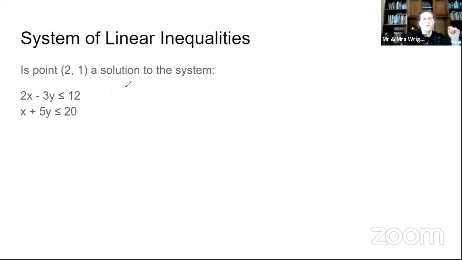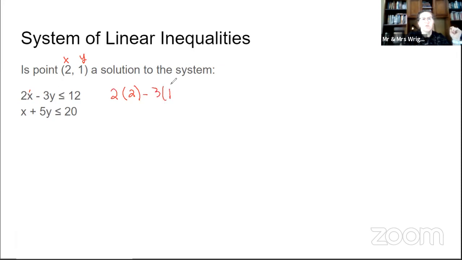Okay, so let's go ahead and plug these in. I'm going to have 2 times 2, because this is the X, remember, and this is the Y. So anytime I see an X, I'm going to plug in the 2. 2 times 2 minus 3 times what the Y value is, which is 1 in this case, is less than or equal to 12. Now we're going to plug this into our calculator. I'm going to do 2, open parentheses, 2, close parentheses, minus 3, open parentheses, 1, close parentheses.